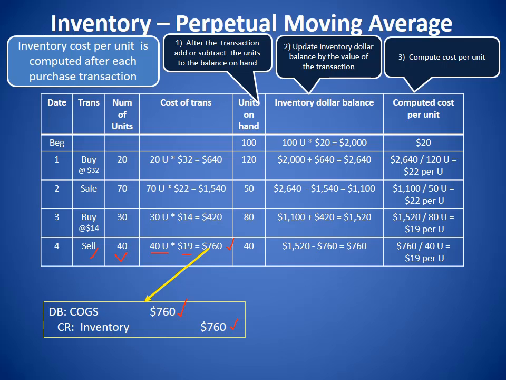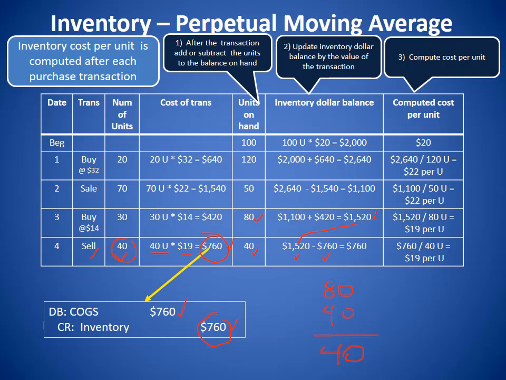Now we take a look at our units on hand. We started out with 80 units on hand. From that, we know we sold 40 units. Based upon that, we have 40 units remaining in inventory. So now we take the $1,520 from our previous balance, move it down here, and subtract the $760 from our inventory balance. So it's $1,520 minus $760.